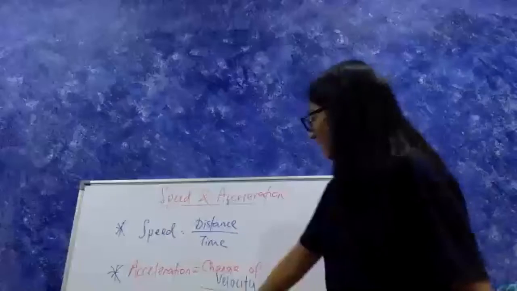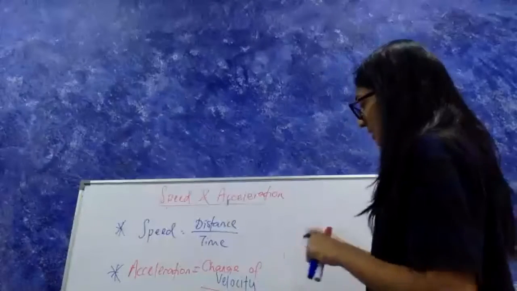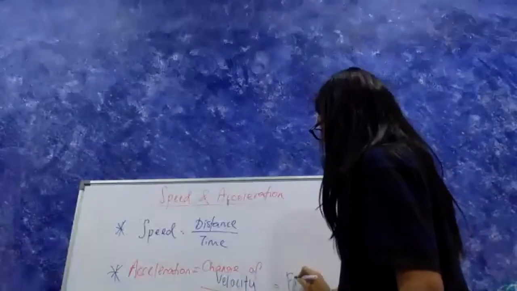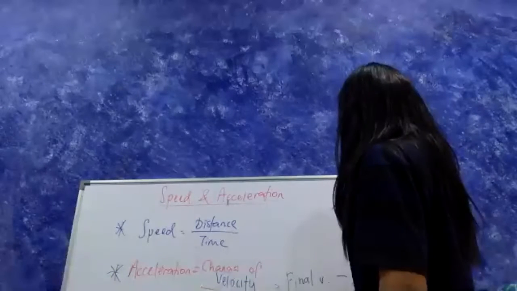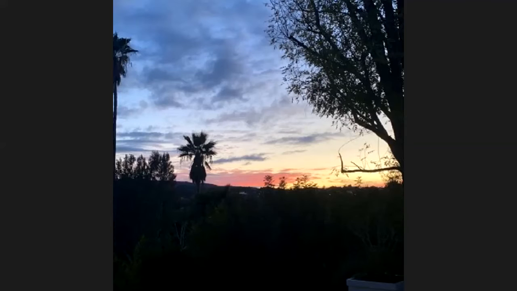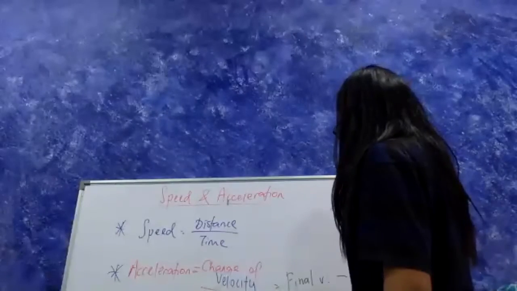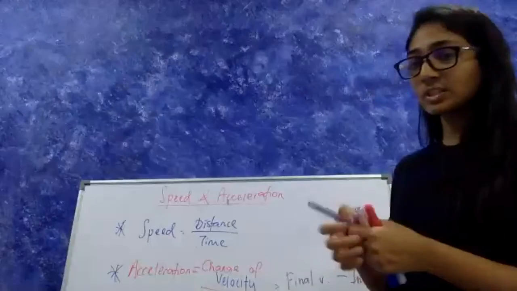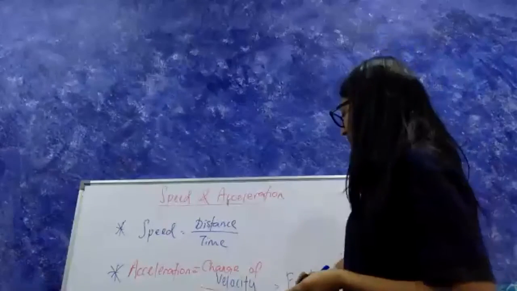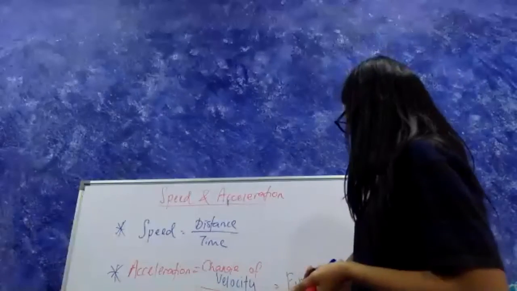Okay, so why I'm taking 180 minus 60 is because change of velocity is basically my final velocity minus my initial velocity, and then divided by the time taken for that journey, so 20 minutes or 30 minutes or whatever.